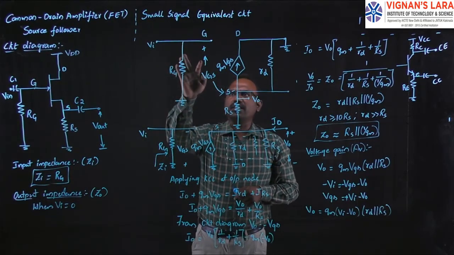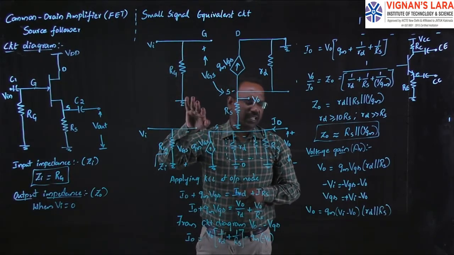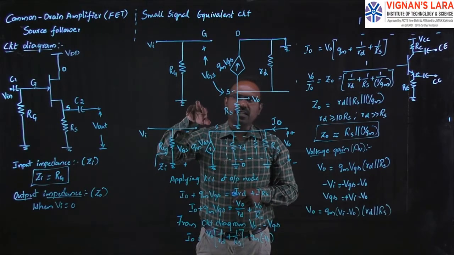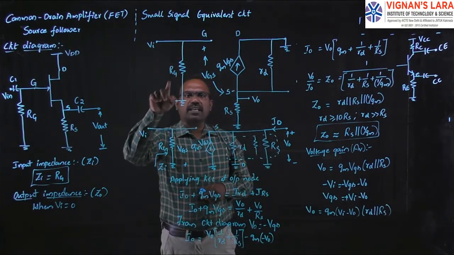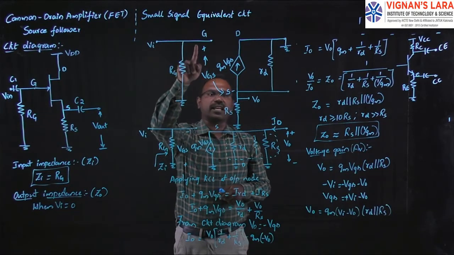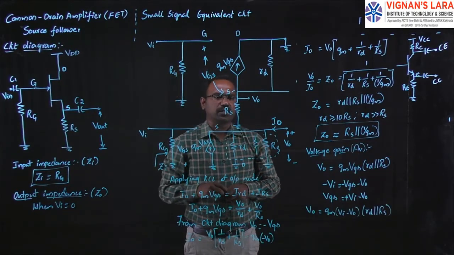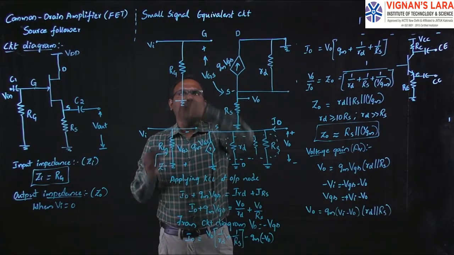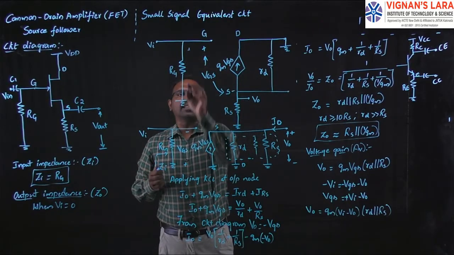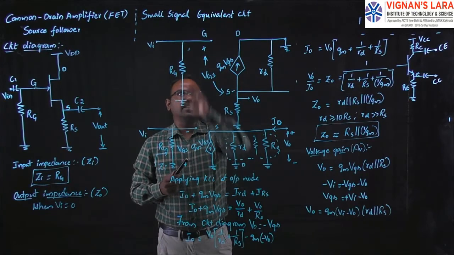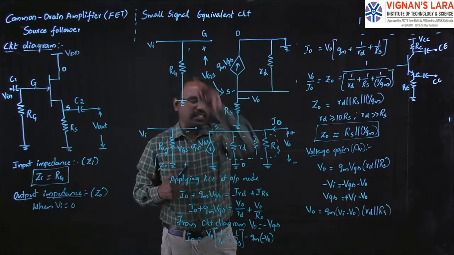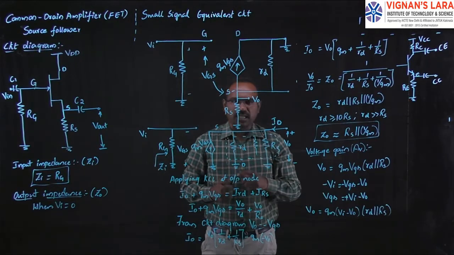So for this loop, if you write the KVL, the current is flowing in this direction, let us assume. Here the Vi drop will be like this, plus minus, it is leaving the negative terminal, means minus Vi. So I have written minus Vi.